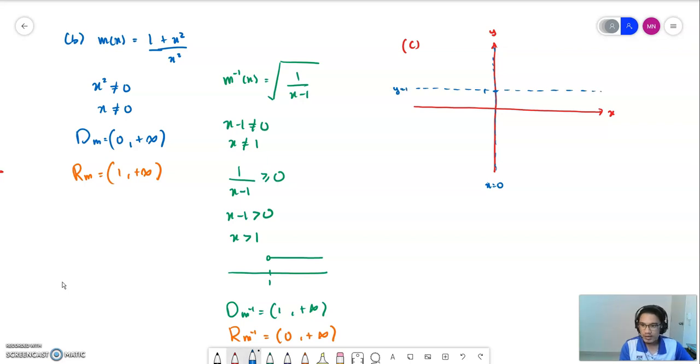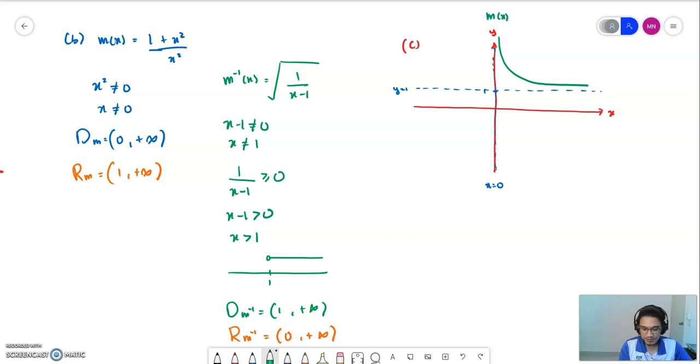Since this is a rational function, the graph for m(x) will be shaped like this. It never touches the asymptote, and there is no graph in the region where x is negative, because the question mentioned that x must be bigger than 0.